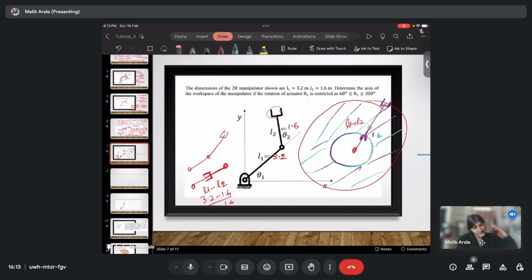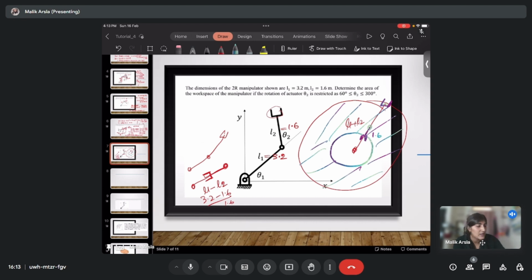So in that case, if there were no restrictions, the area would be the area of the larger circle minus the area of the smaller circle, which you can easily find, since the area of a circle is pi r square. So first you will consider the complete radius L1 plus L2, and the area of the large circle is pi of L1 plus L2 whole square.